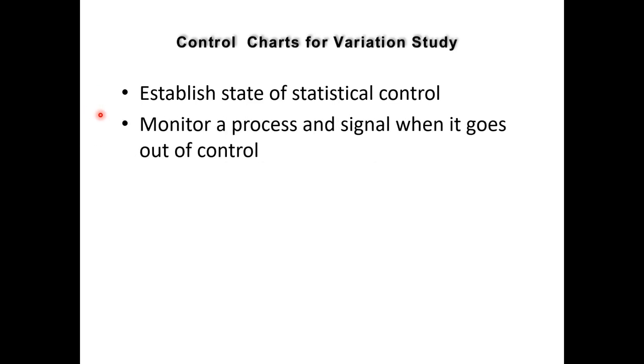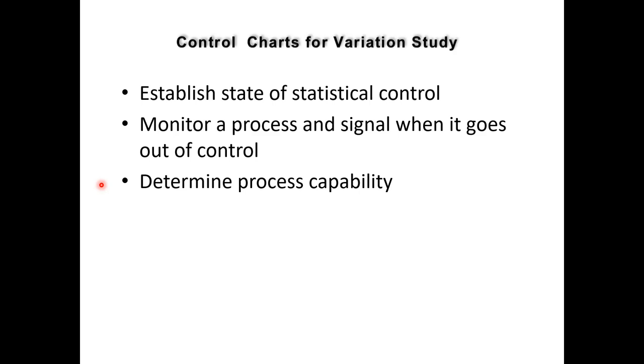With this definition of the state of statistical control, you can monitor the process, and a control chart will help give the signal whenever the process has gone out of control. And from a control chart you can also determine the process capability.